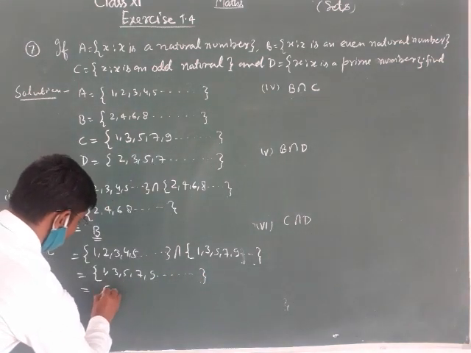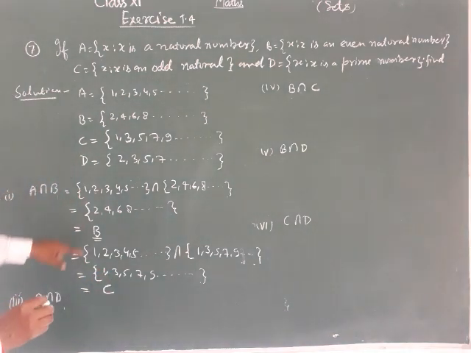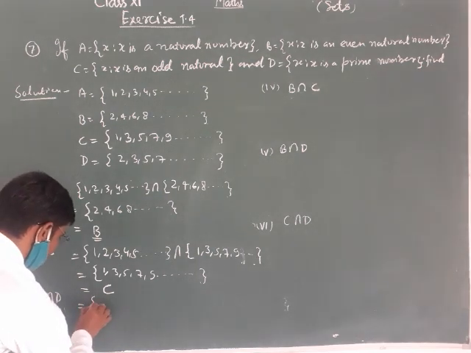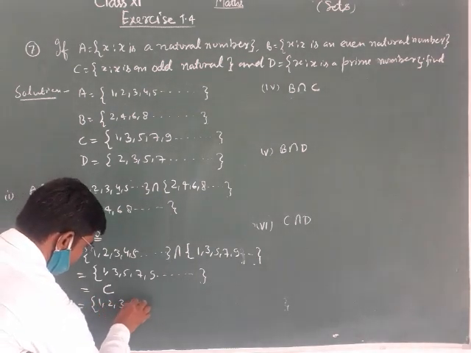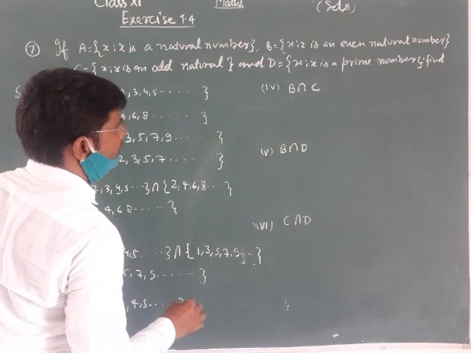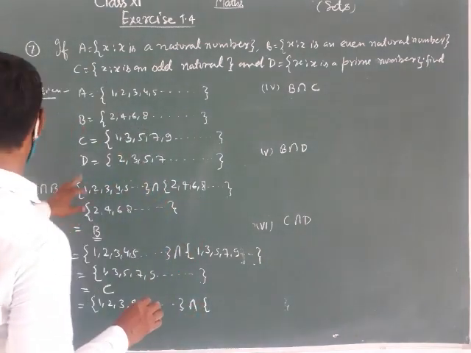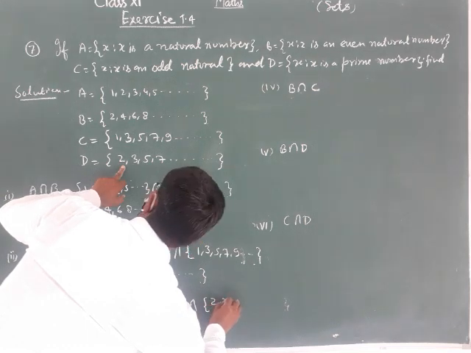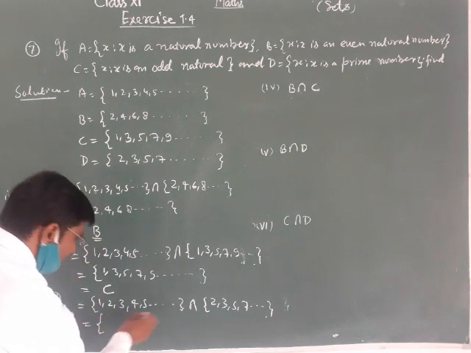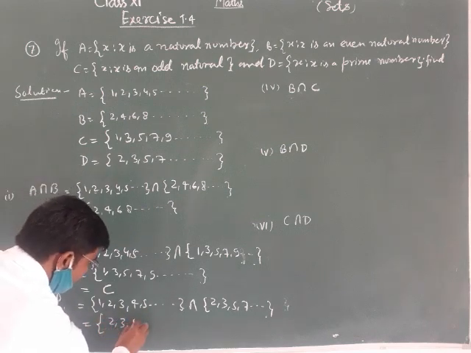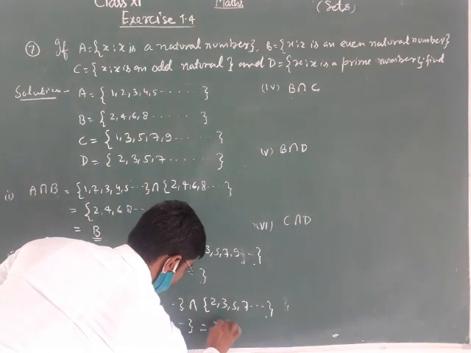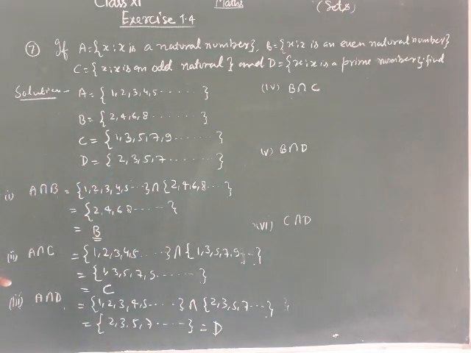This is the set C. And A intersection D: A has 1, 2, 3, 4, 5 and so on, and D is prime numbers, 2, 3, 5, 7 and so on. The common elements are 2, 3, 5, 7 and so on. So this is the set D.